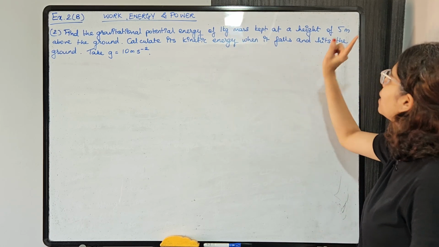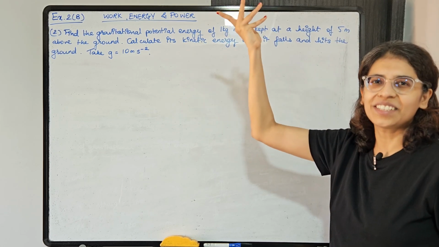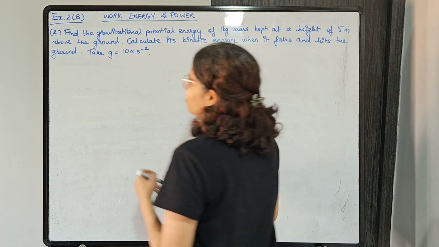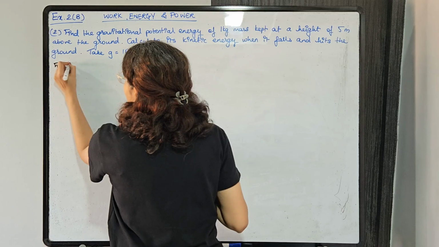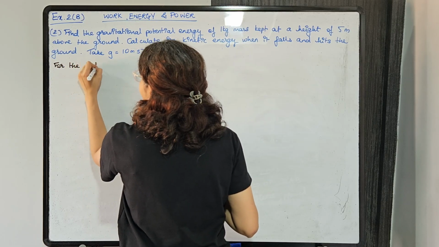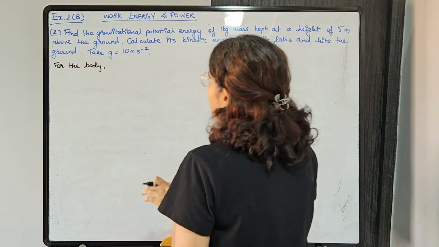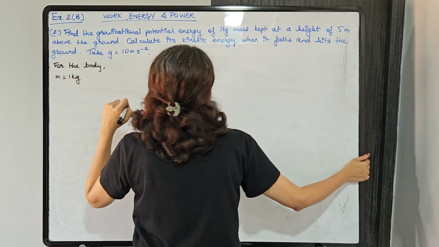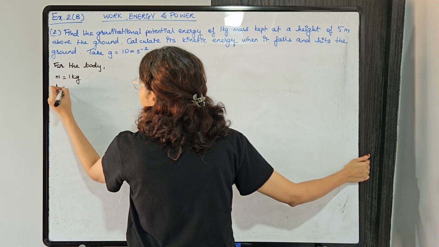Mass is given, height is given, g is given. So we can easily find out the potential energy for the body. We are given mass 1 kg, height 5 meter.